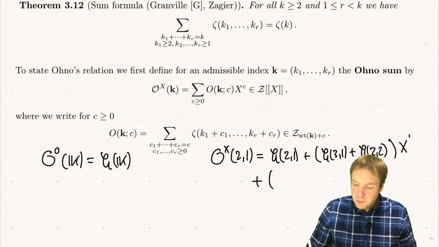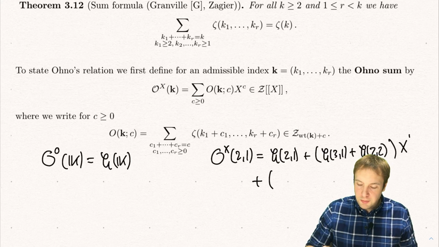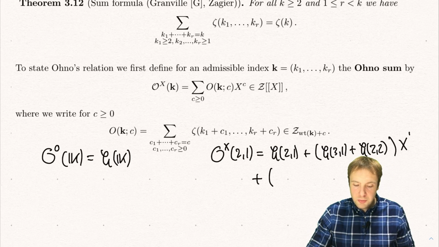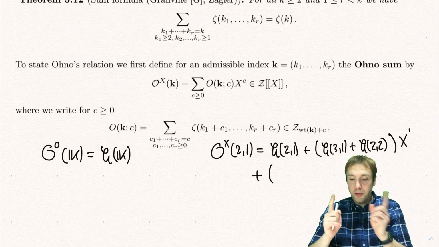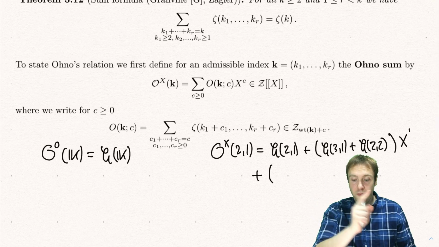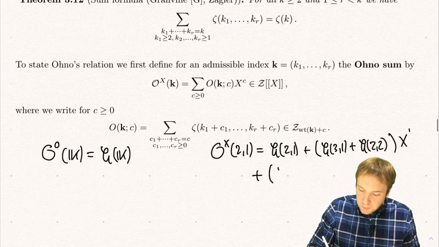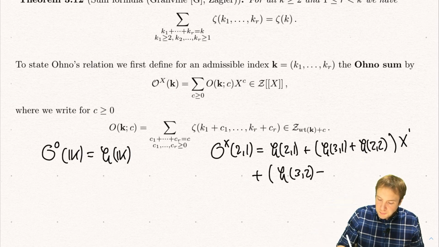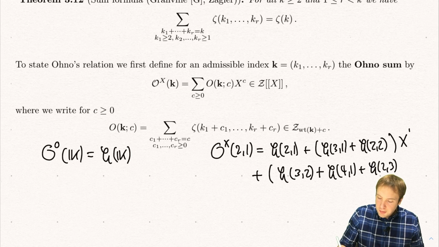And then what is the coefficient of x squared? So I could add the weight 2. Either I could add two 1s, or I could add a 2 at the first or the second place. So for example, if I add two 1s at each position, it would be zeta(3,2). If I add a 2 at the beginning, it would be zeta(4,1). And if I add a 2 at the end, it would be zeta(2,3). And this would be the coefficient of x squared, and so on.